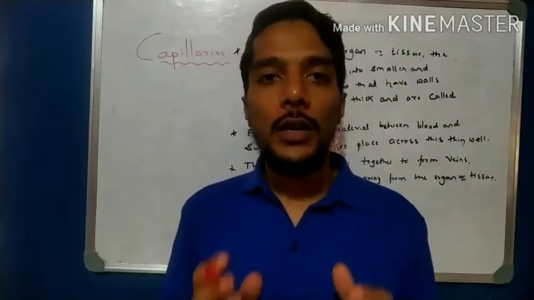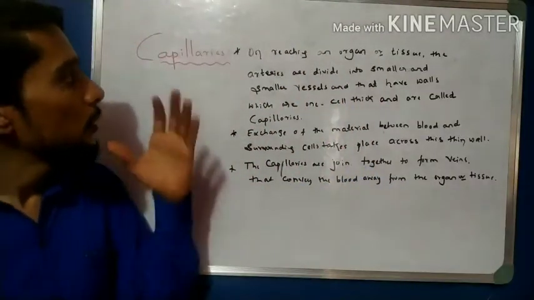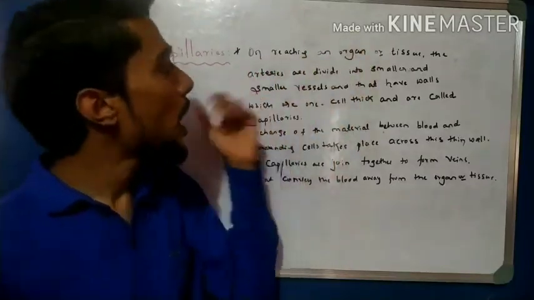Okay, students, now let's talk about capillaries. I have already written about capillaries here. So what are capillaries? On reaching an organ or tissue, the arteries divide into smaller and smaller tubes.